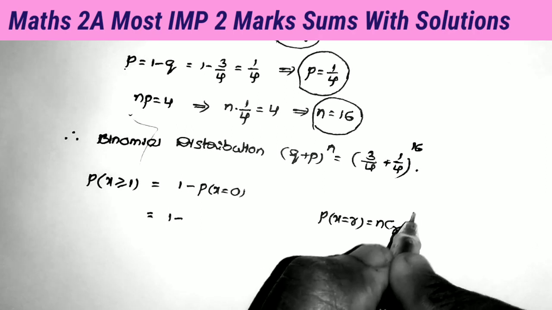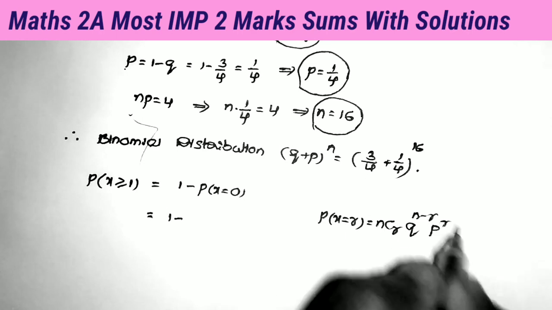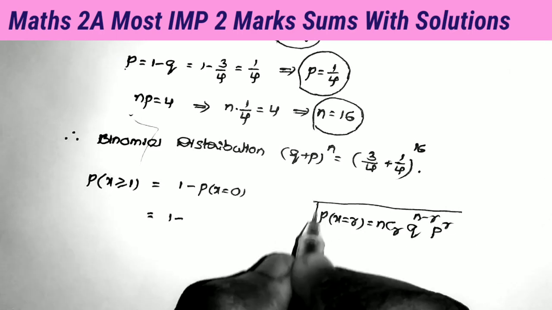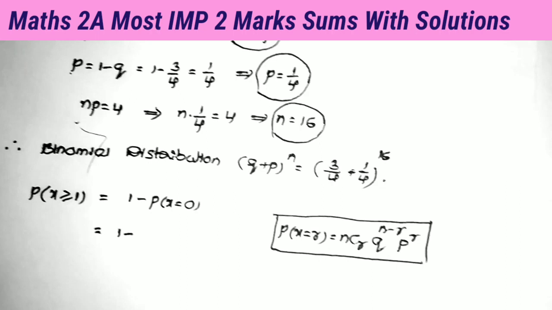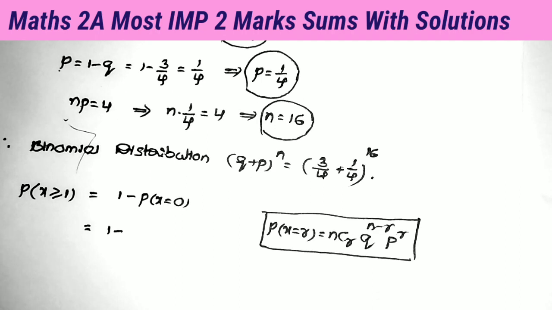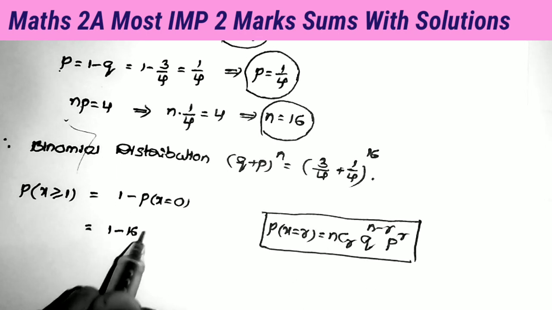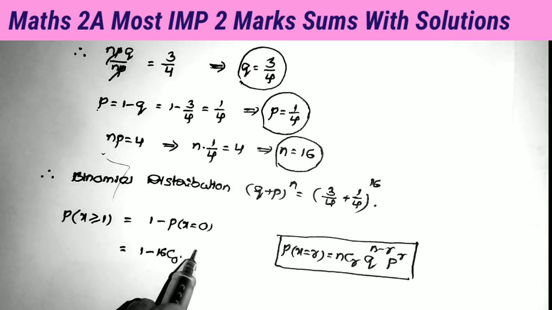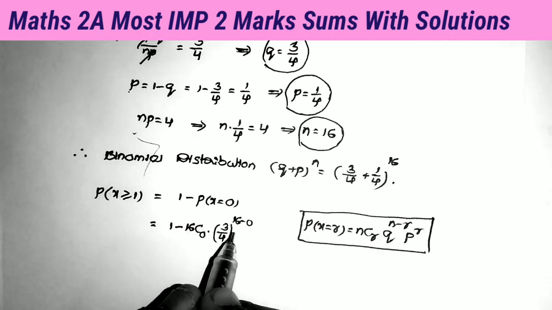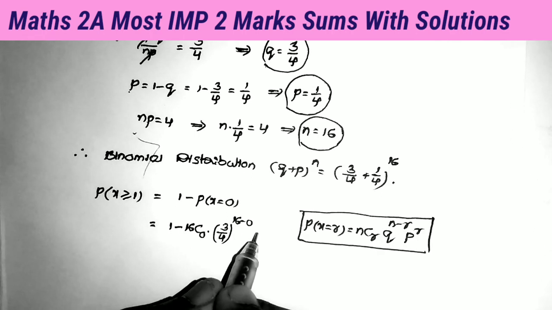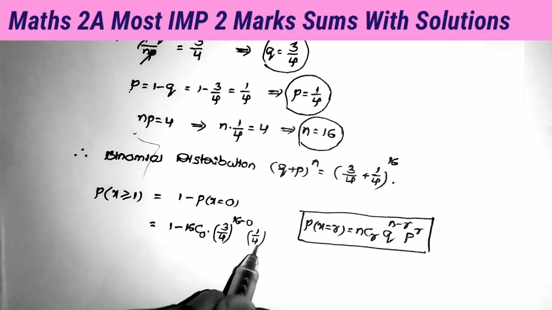NCR Q power N minus R, P power R. This is the formula for P of x is equal to R. Now we want the value of P of x is equal to 0, that is replacing R is equal to 0 in this formula. NCR, N is equal to 16, R is equal to 0. Q power, 3 by 4 power N minus R, 16 minus 0. P power R, 1 by 4 power 0.